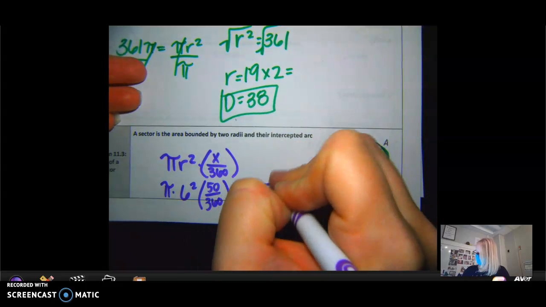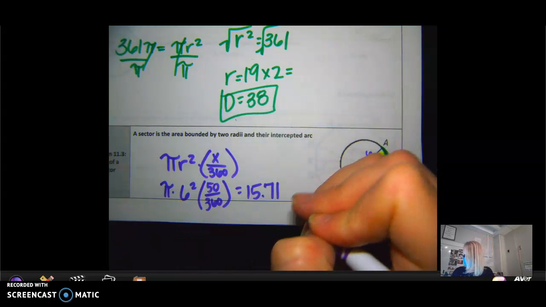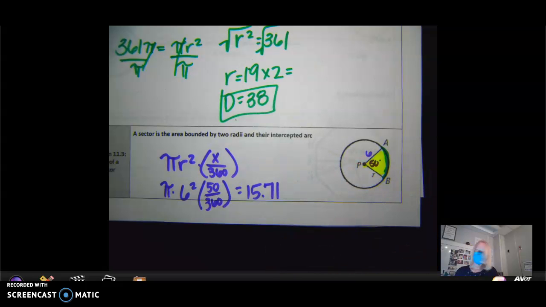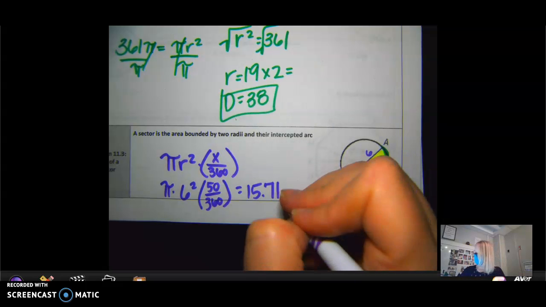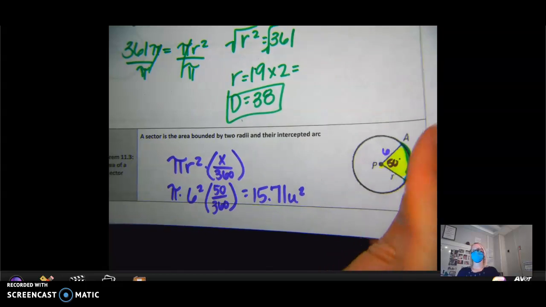What'd you guys get? Yep. And I just went to the next decimal, so 7.1. Very good. And then we don't have units. So it would just be units squared because it's area, right? Any questions on that? Okay, next page.